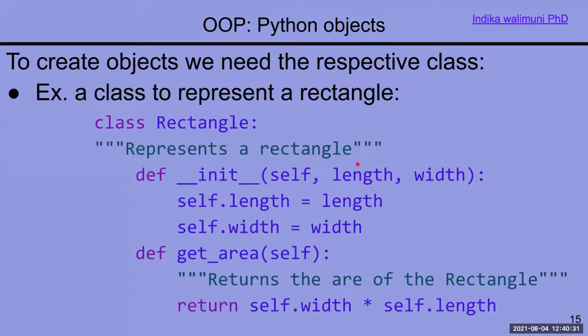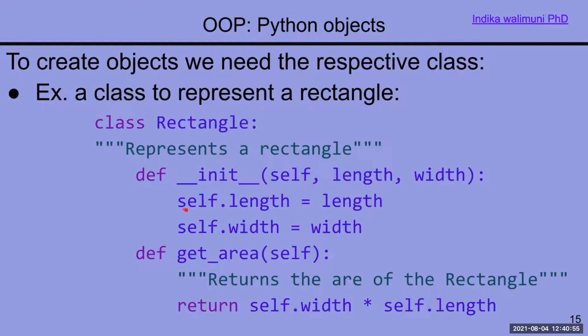And these are the values we pass into our initializer from outside. These are the formal parameters of the init method. And self.length and so on are internal variables. So don't get confused, these are two totally different things.